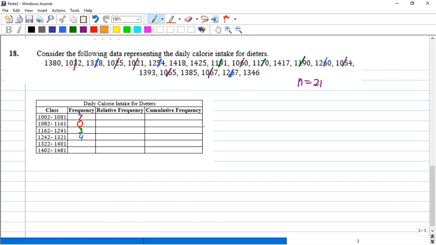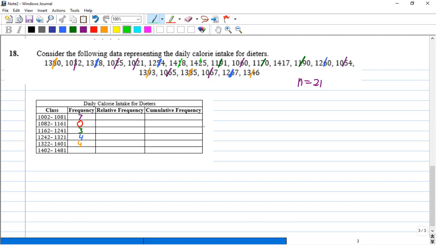Now up to 1401. Four there. And lastly, up to 1481.